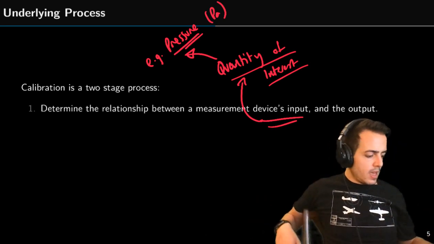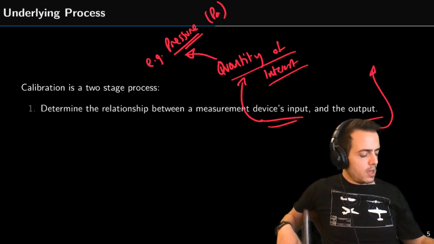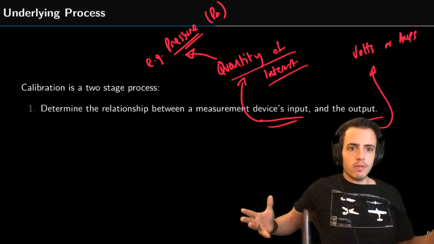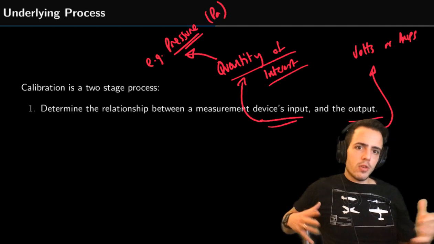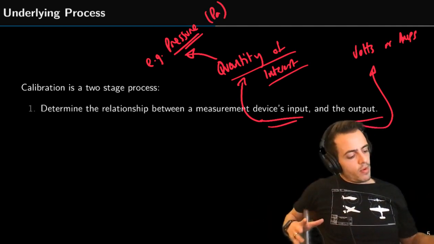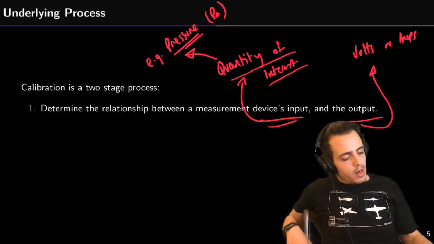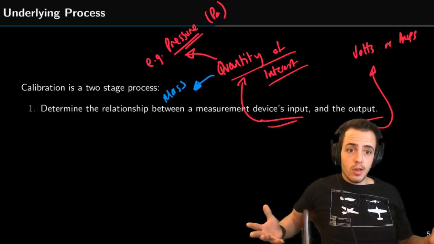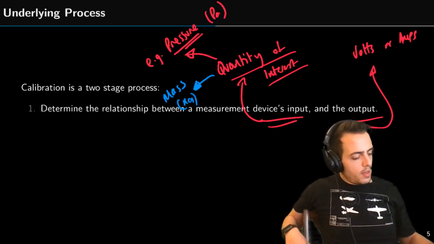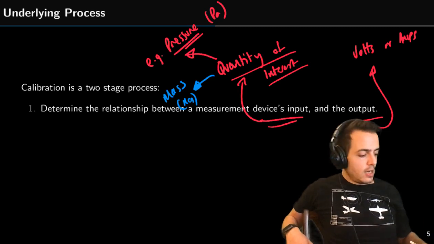The output from a pressure transducer might be volts, or it might be amps, depending what sort of transducer we've got. We've got to work out, if we change the pressure going into it, how does the output vary? If we're looking at an analog non-electric device, let's have a look at, say, mass. If we're looking at a weighing scale, we'd have a mass input, which we would measure in kilograms, and the output for this one would be, say, needle movement.